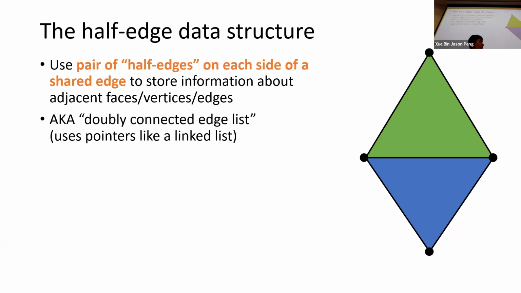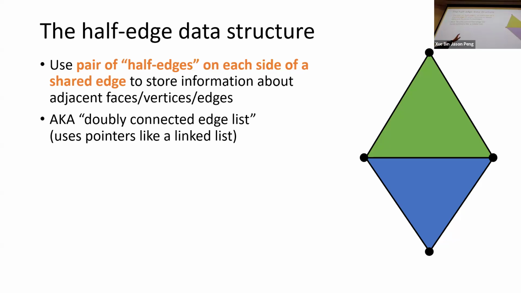Now, the key entity in the half-edge data structure is something called a half-edge. And these form the nodes that we use to connect all the different parts of the mesh together. So let's define what a half-edge is first. A half-edge is formed by taking any edge in our mesh and splitting it into two halves.